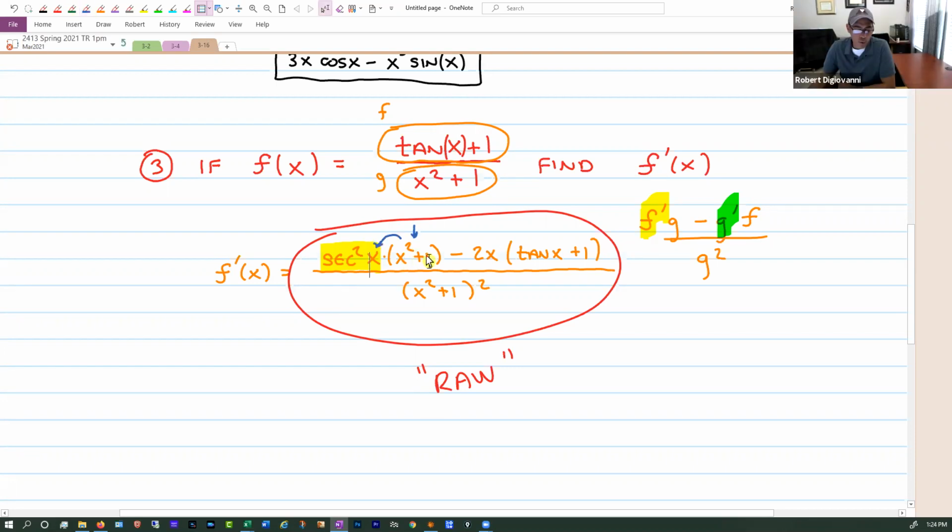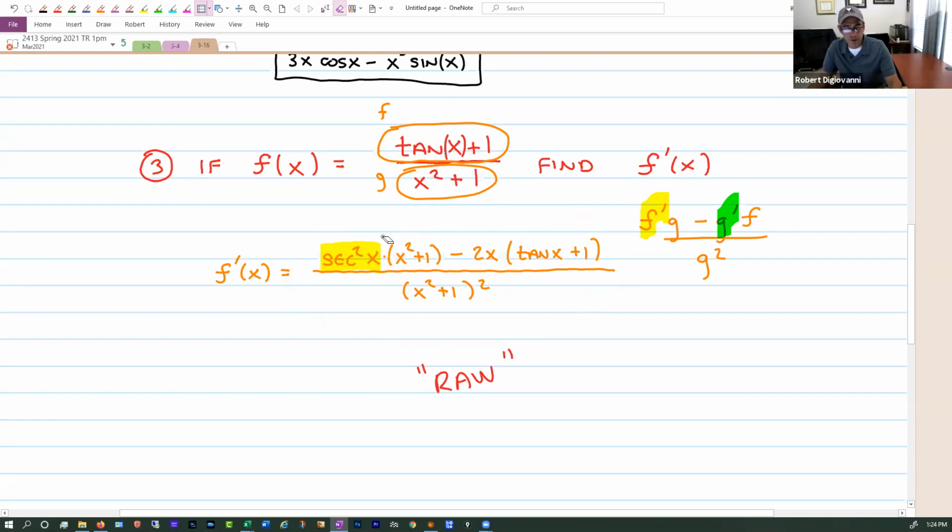The x squared plus 1 is not inside of the secant. Is that what you're asking? Yes. That's right. It is multiplied times the secant of x. Oh, okay. So then I could do the product rule. If you were going to take the derivative again, yes, you would have to treat that like a product. Okay, just wanted to be sure.